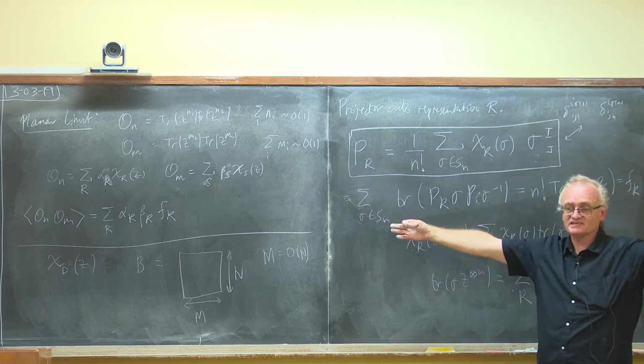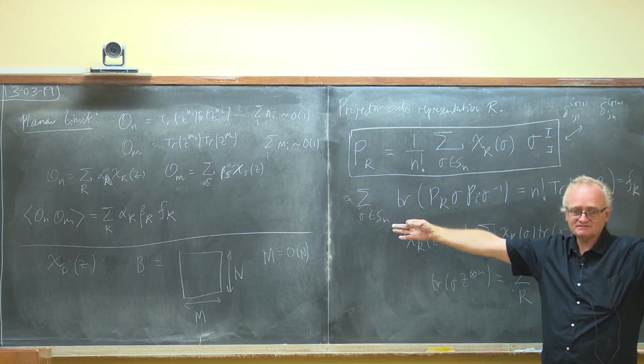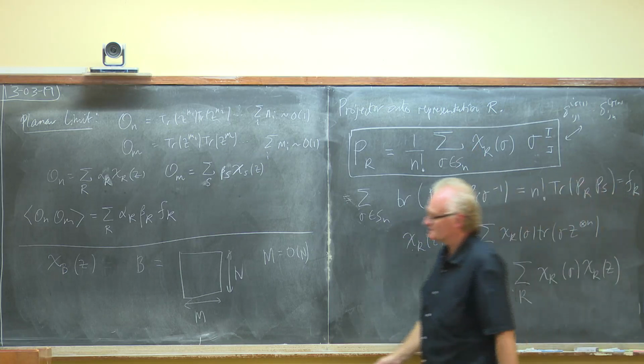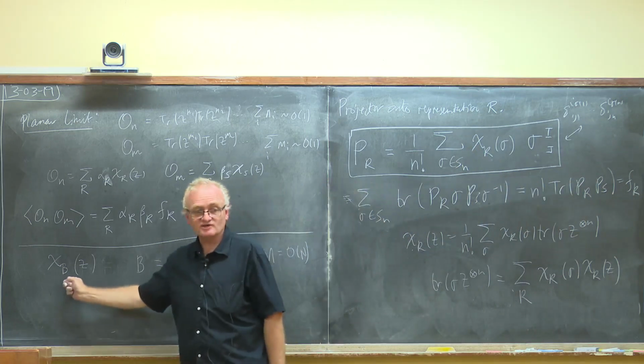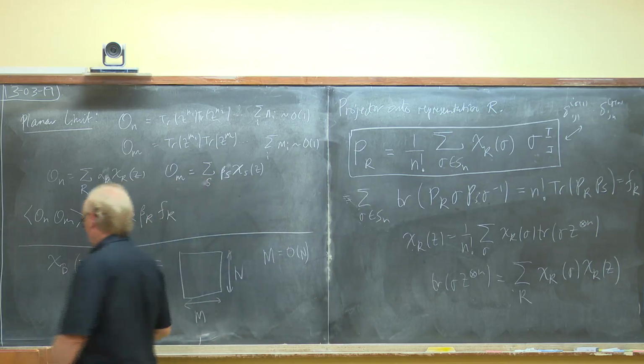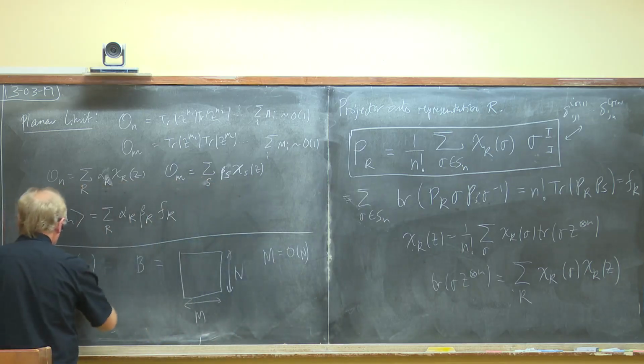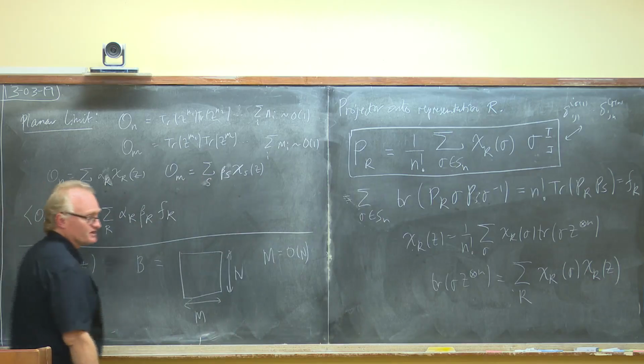So m over n is fixed, some finite number. So this is an operator with order n squared fields in it. So delta for this guy would be order n squared.